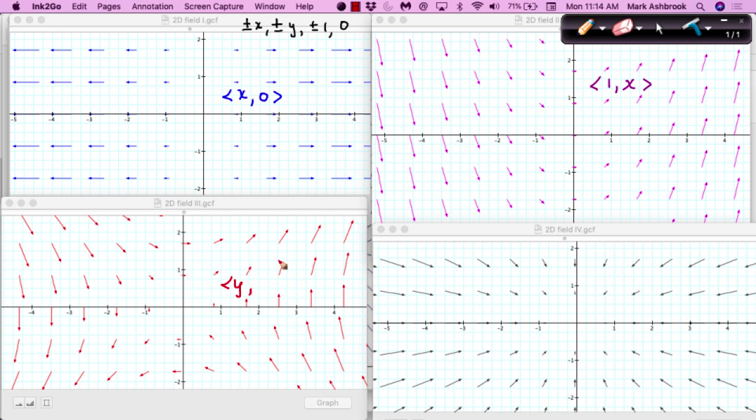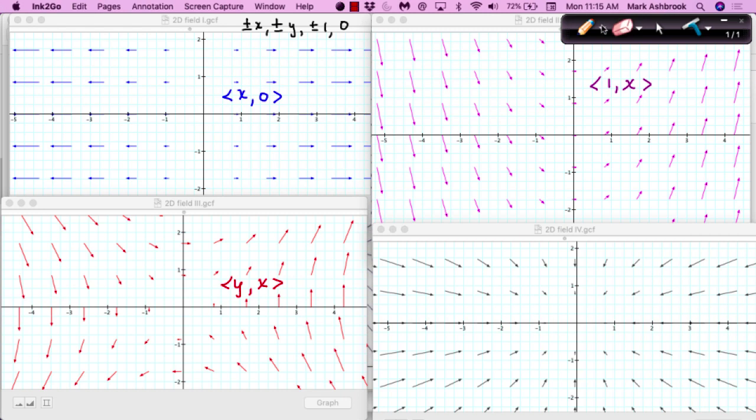Right, looking at any x value, as y increases you're getting a larger and larger x component. As y decreases, you're getting a more and more negative x component. So that'd be y. And then what about the y components here? Are they getting larger positive going this way and larger negative going this way? Is that right? So it would be y, x.